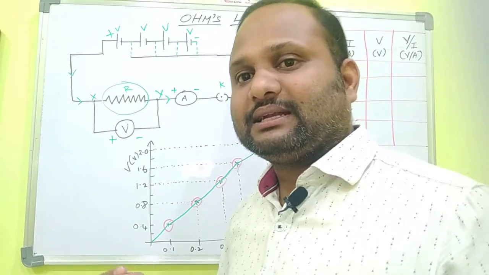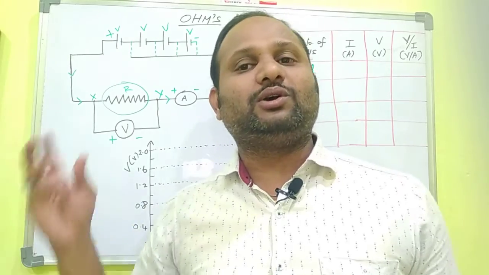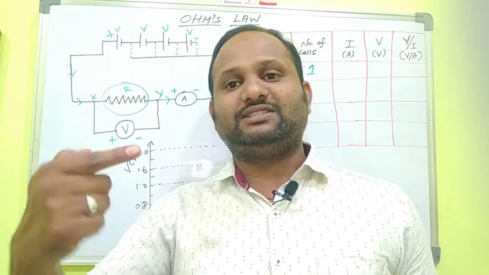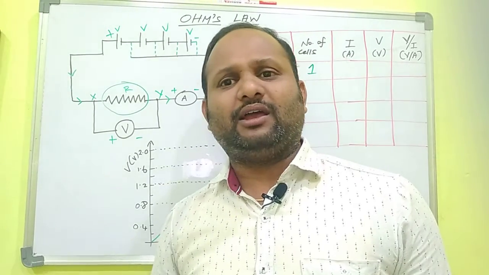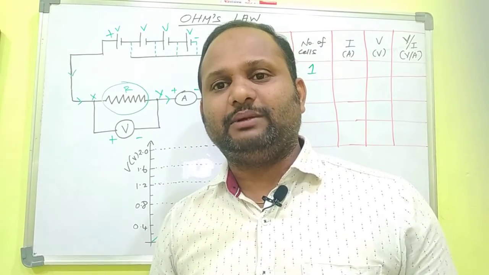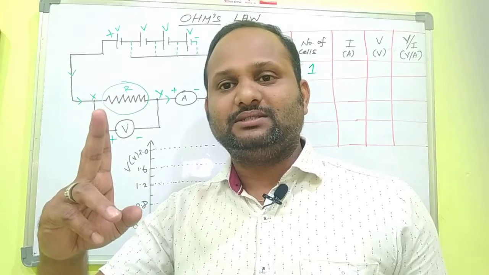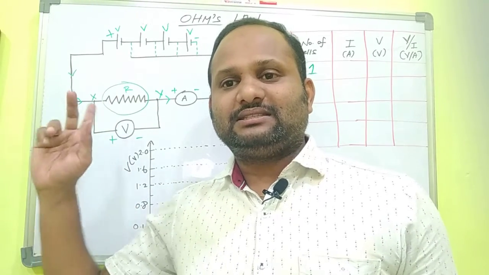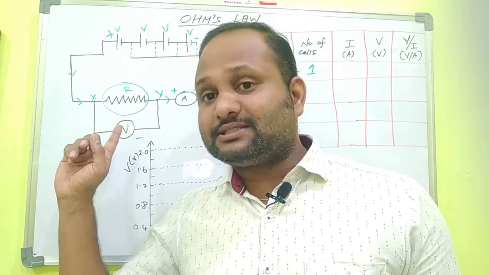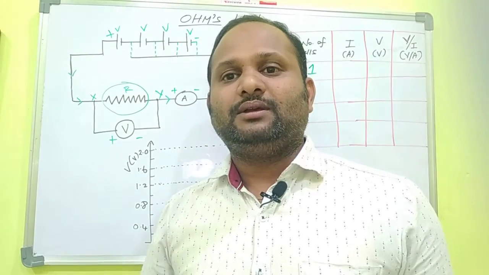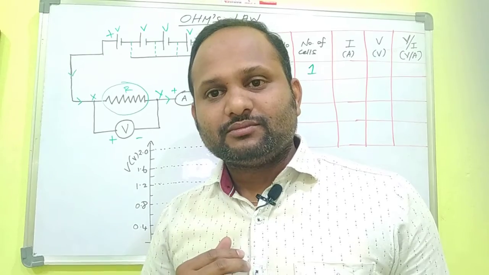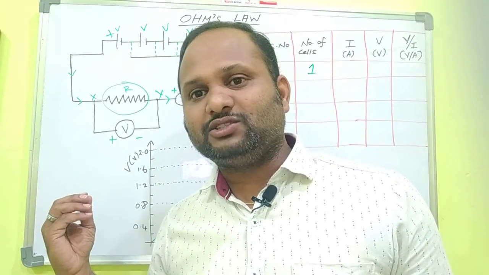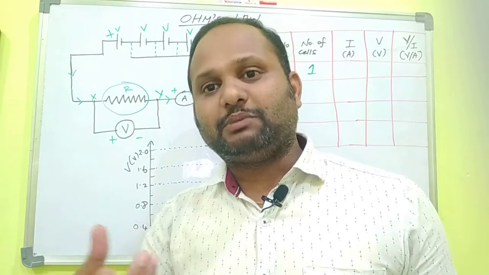Normally a conductor has very little resistance. So here we are using one specialized wire which is an alloy. Do you know about alloys? An alloy is a combination of metal and metal. The name of this alloy is nichrome, an alloy of two metals, nickel and chromium. Usually nichrome alloy is used for heating purposes.